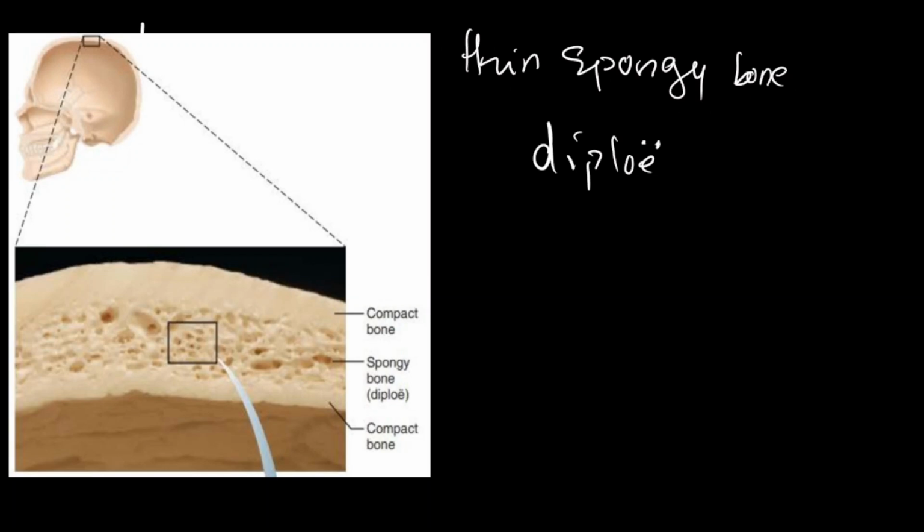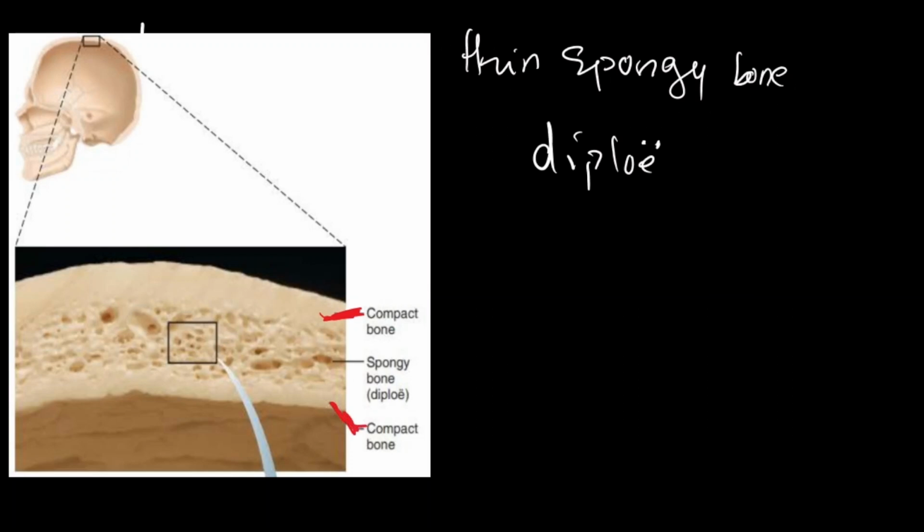It's a thin plate of spongy bone sandwiched between two layers of compact bone, and we can see it clearly depicted in this picture. Here, this is a flat bone of the skull, or the cranial bone, and we can see that we have a layer of compact bone on two sides.